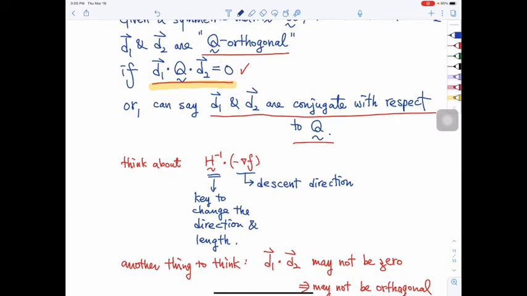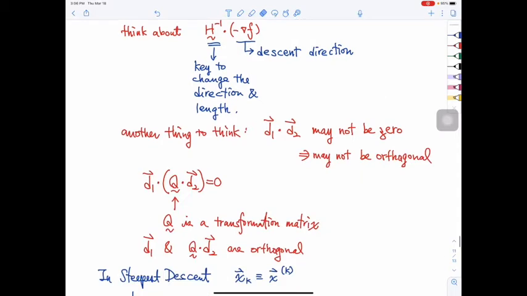So how about d1.q.d1, but with itself? It's not 0 because it's the same vector. When we talk about Q orthogonal, we are talking about two different vectors. When we apply the Q transformation on one of them, the result will be perpendicular to the first one. So these two are called Q orthogonal.